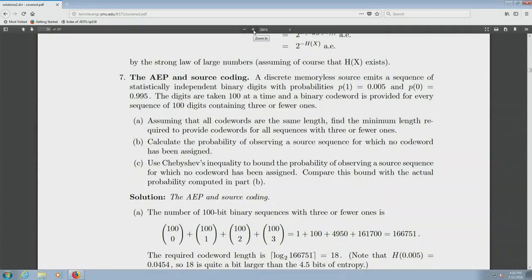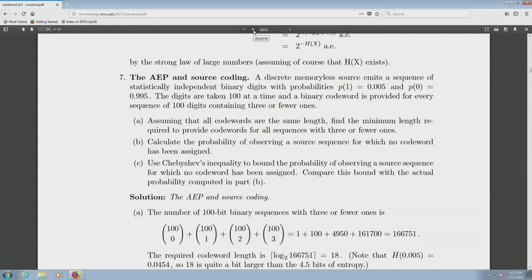Now here's another 100 bits, send out another 100 bits. I want to take 100 bits and compress them to useful information. And so the question is, how many words are there in zero, one, two, or three ones?